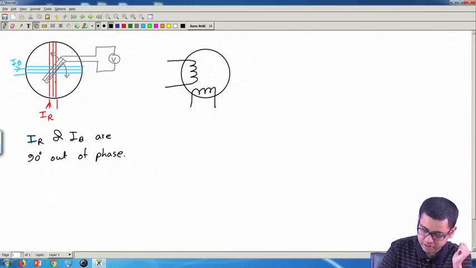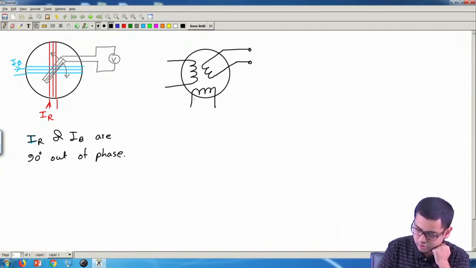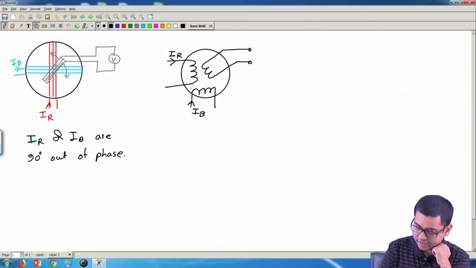And this movable coil, we draw it like this. So we have to supply two currents, you can call them one as IR, one as IB, and these two are to be 90° out of phase.